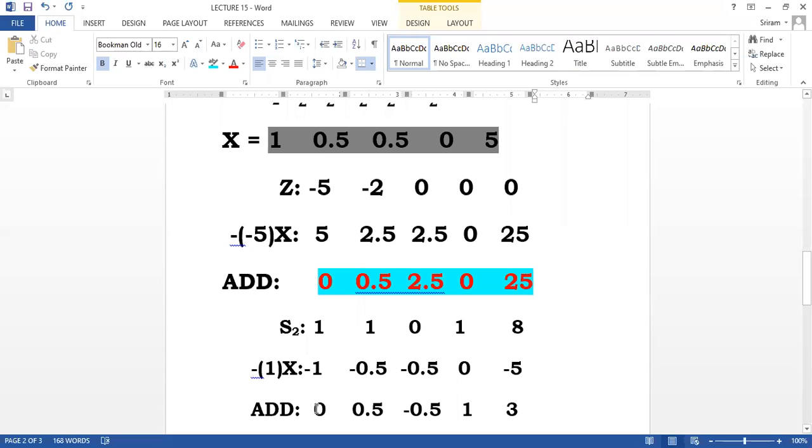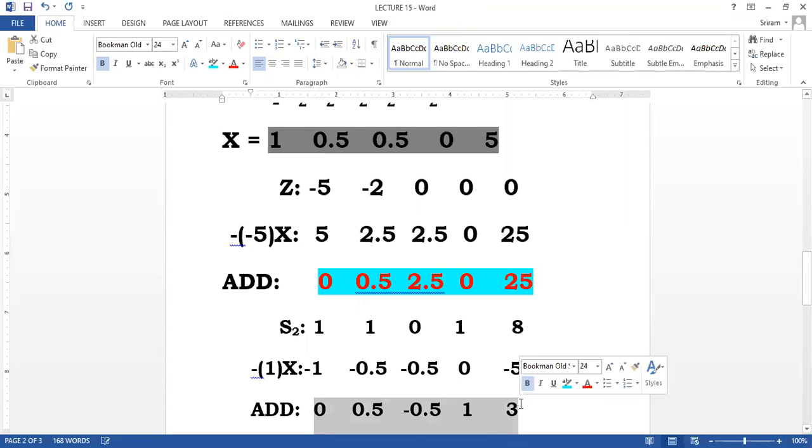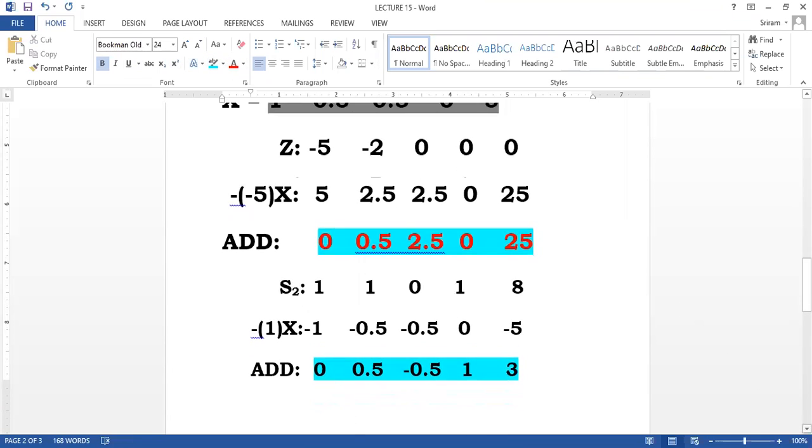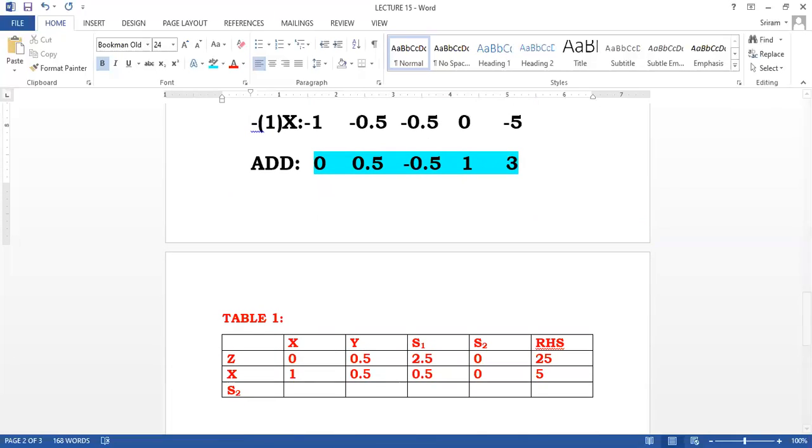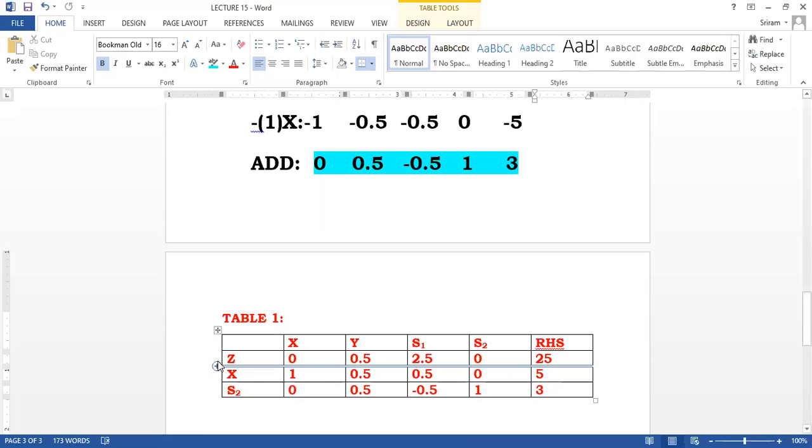Finally, I am going to check for S2. Here I am having 0, 0.5, minus 0.5, 1, 3. Now I am going to check the value of Z again.